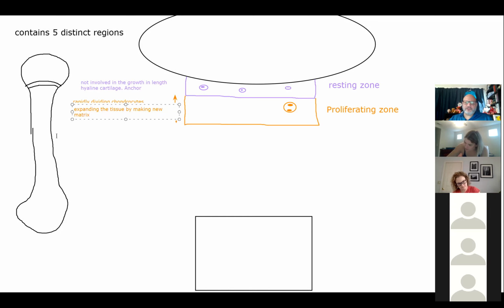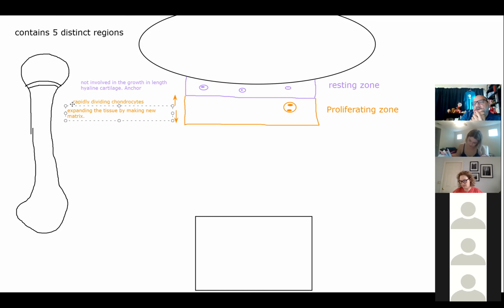What kind of growth did we call this again, where we are expanding the tissue from within it? Well, we are growing it in length, yes, but what is this actual growth process where we have the expansion of the tissue from within?